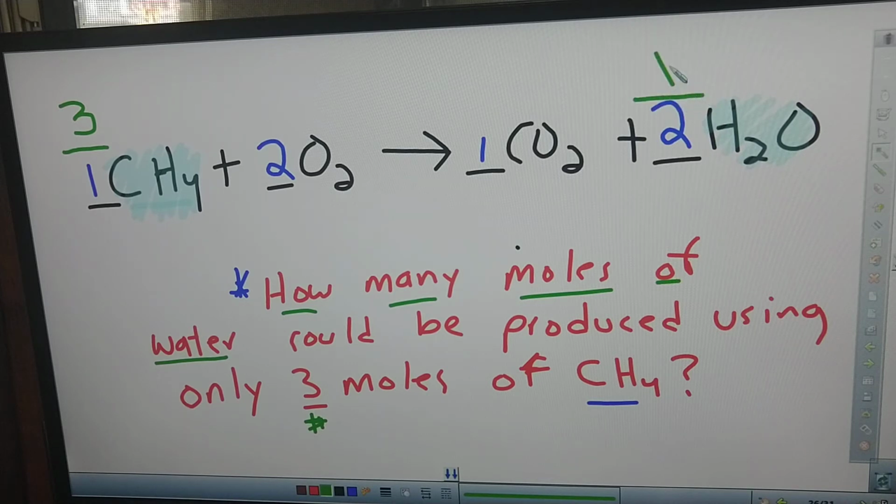What number would go there? 3 is to 1 as x is to 2. Absolutely, the answer to that question is 6 because it's just a simple ratio. Bam! How many moles of water could be produced using only 3 moles of methane? 6. 6 moles of water.